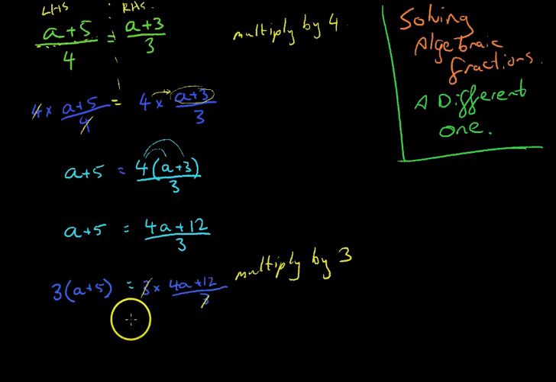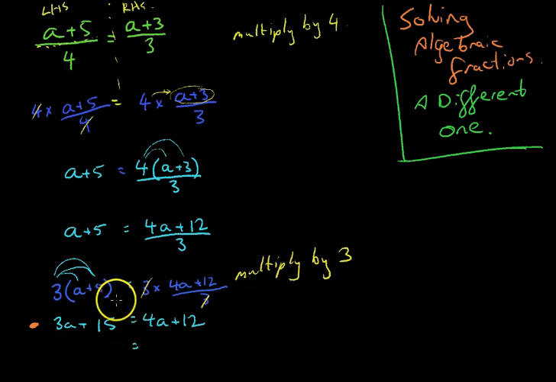That gets rid of our fraction. We end up with 4A plus 12. Now, this we can use our distributive law on. That's going to be 3A, and that's going to be 15. Now, take a look. We're really at somewhere we can work with now. We're at 3A plus 15 equals 4A plus 12.